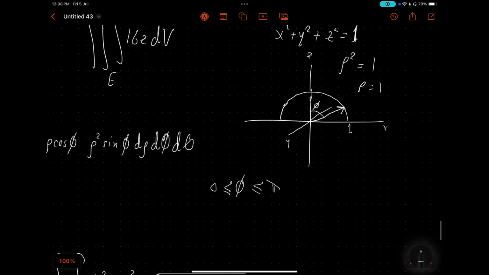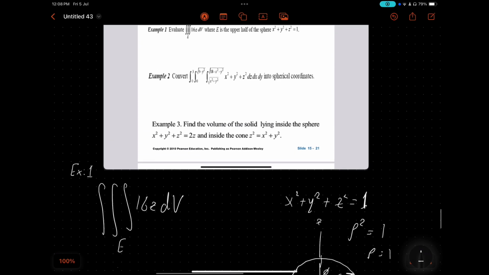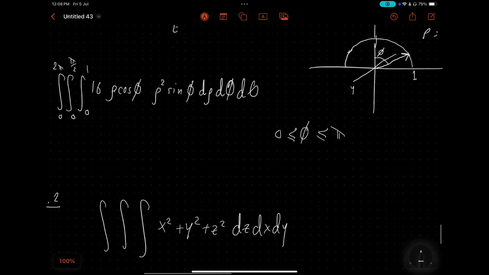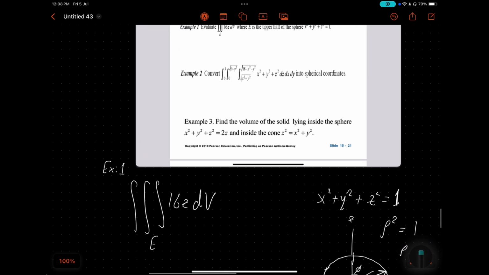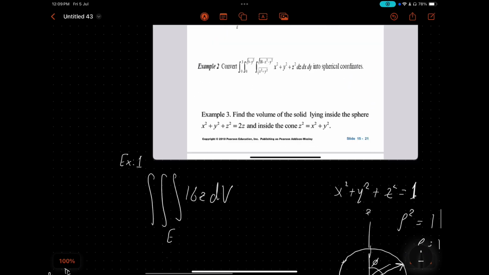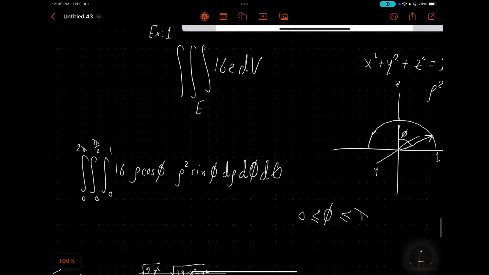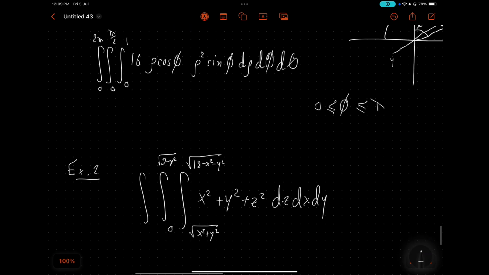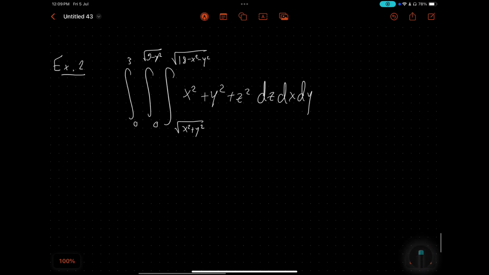And we have dz dx dy, where z goes from square root of x squared plus y squared up to square root of 18 minus x squared minus y squared, and it goes from 0 to 3.